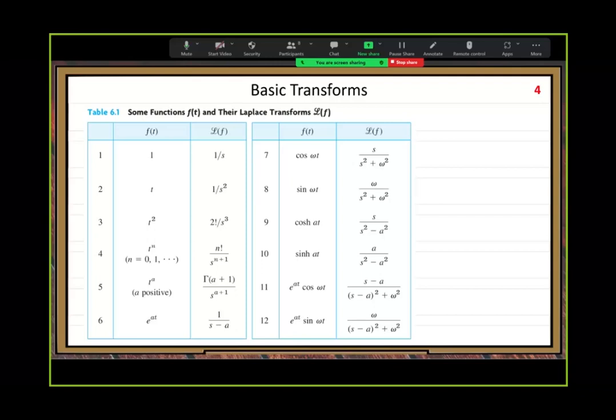So this first one is a shorter table. When we do calculation, we need to look at the basic formulas. Just like when we do integrals, many times we need to look up in some tables.